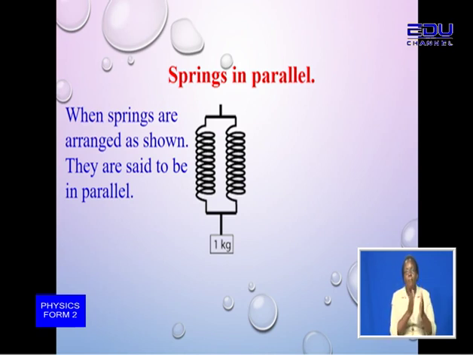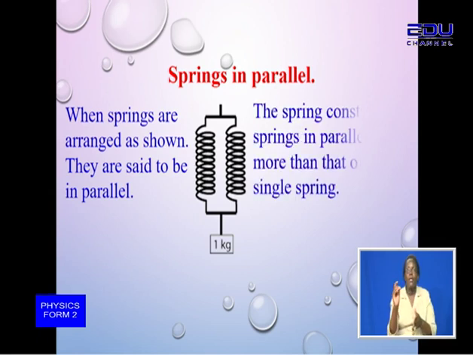So when you are combining springs in parallel, you arrange them side by side the way it is shown, all right? And the spring constant of the combination will give us a value that is greater than that of a single spring.